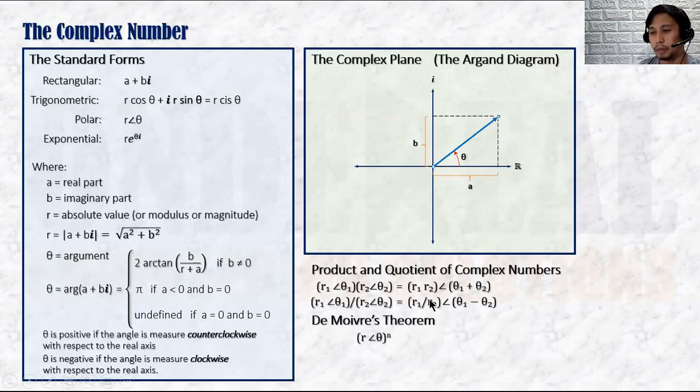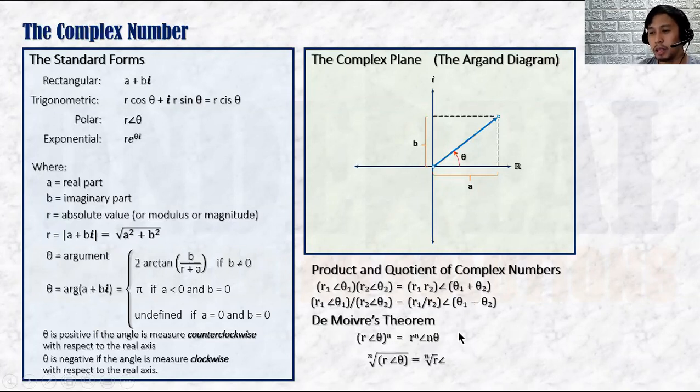Okay, that's how it goes. Now, de Moivre's theorem, in determining the power of R angle theta raised to n, its result is equal to R raised to n angle n times theta. That's de Moivre's theorem.